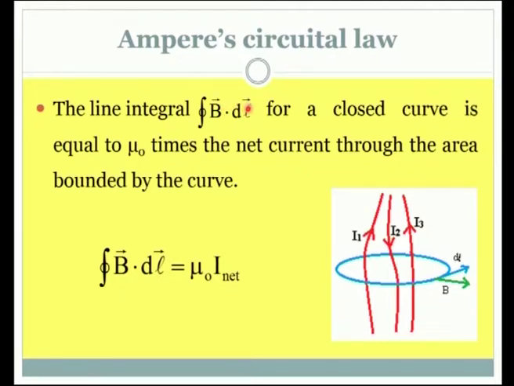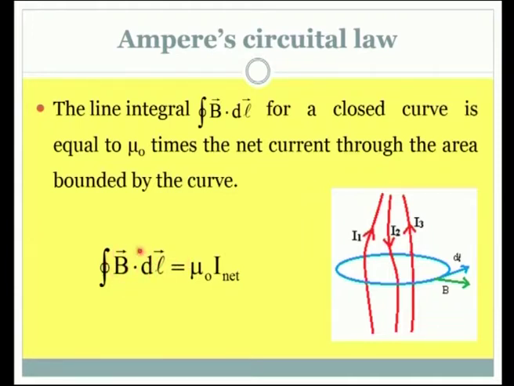So, they are vectors, and this line integral for a closed curve is equal to mu naught times the net current through the area bounded by the curve. The explanation in words is not fully understood, but in a mathematical expression like this, the Ampere circuital law is understood in a better way.